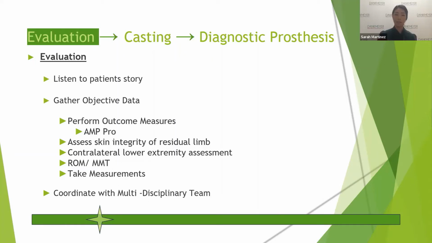And that can vary per patient, of course. And then at the end of the evaluation, we're going to coordinate with the multidisciplinary team, whether that be the patient's physician, their doctor, or the case manager. All right, and next slide, please.